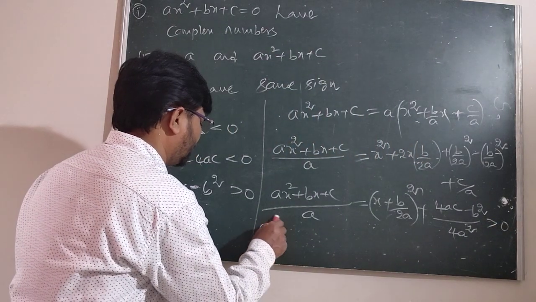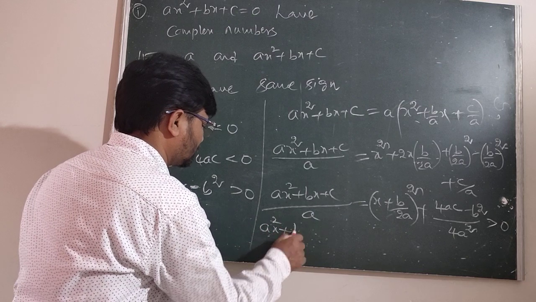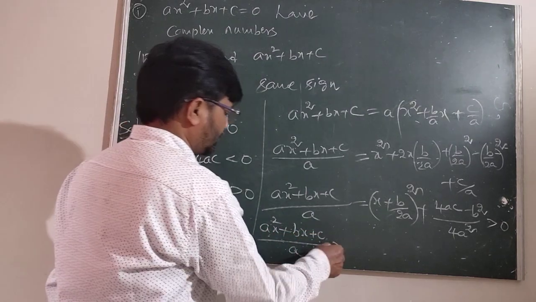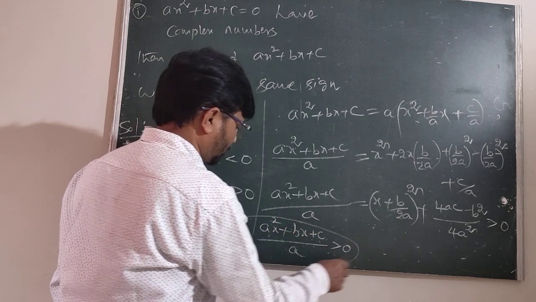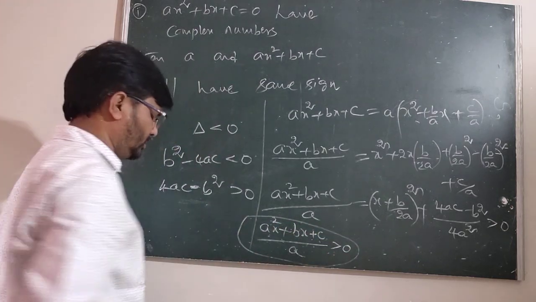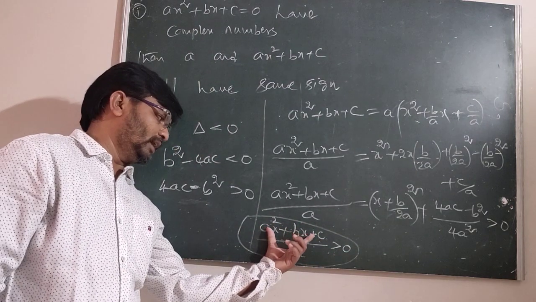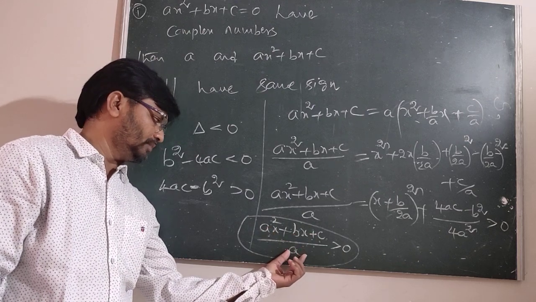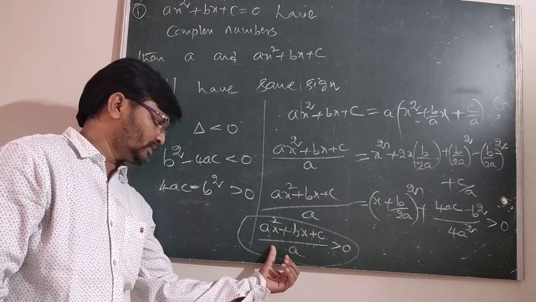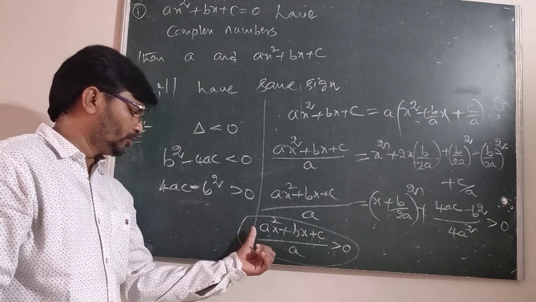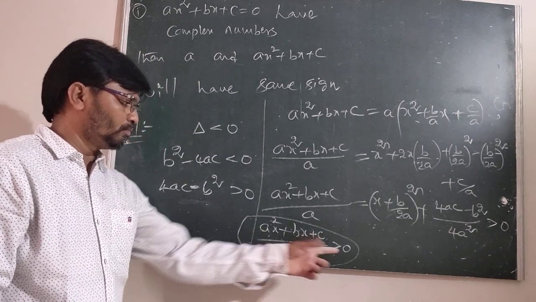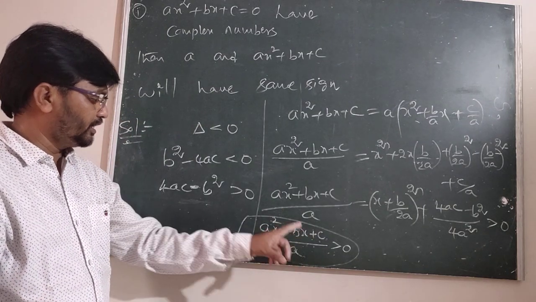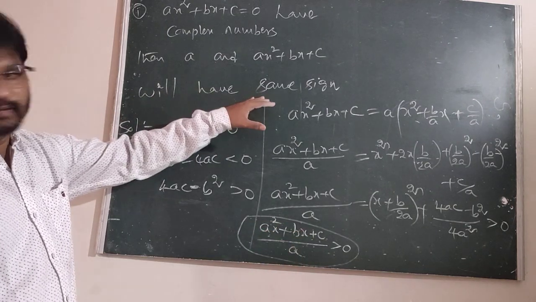Now we can write ax square plus bx plus c by a is greater than 0. Greater than 0 means the numerator and denominator have the same sign. Plus by plus is plus, and minus by minus is also plus. Now we can write that ax square plus bx plus c and a have the same sign.